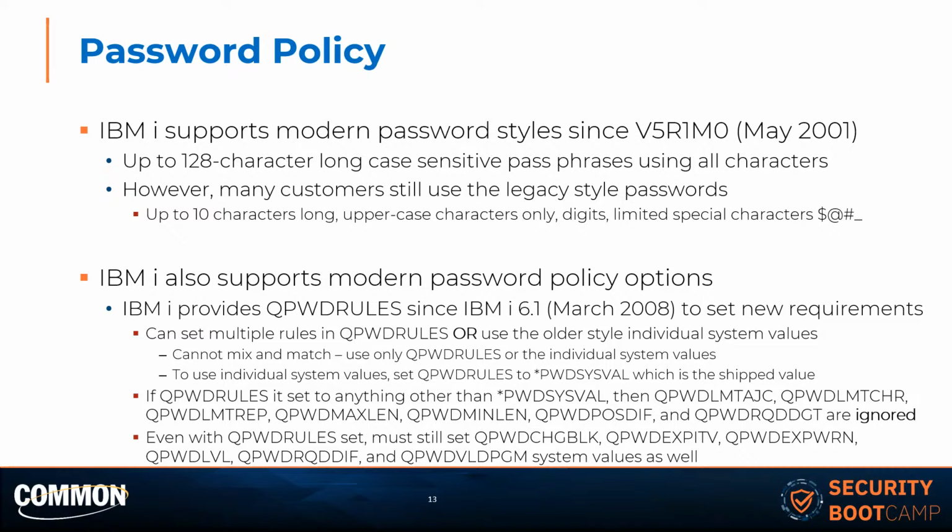Besides QPWDRULES, there are also older style individual system values that provide some of the functionality. By using the QPWDRULES system value, you're actually able to create a more complex and modern password policy than you can using the individual system values.